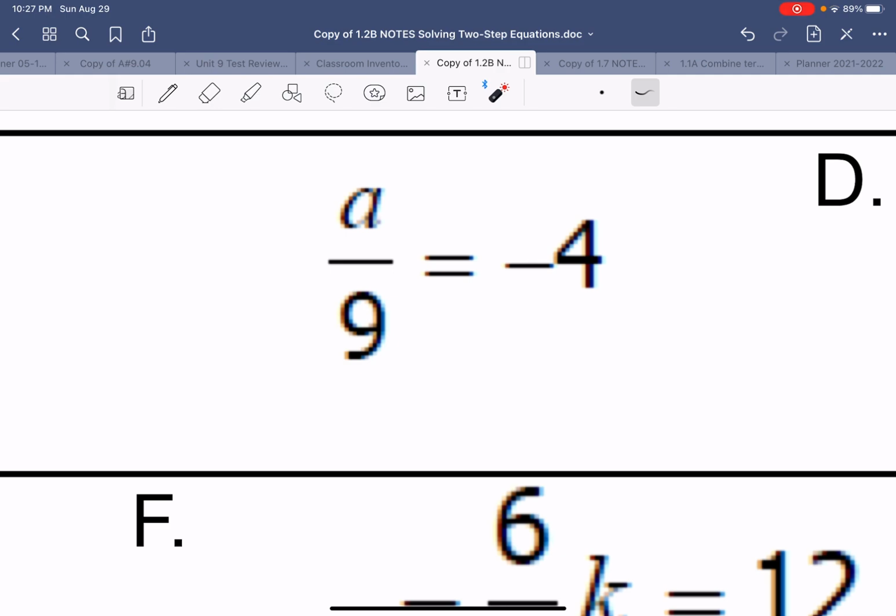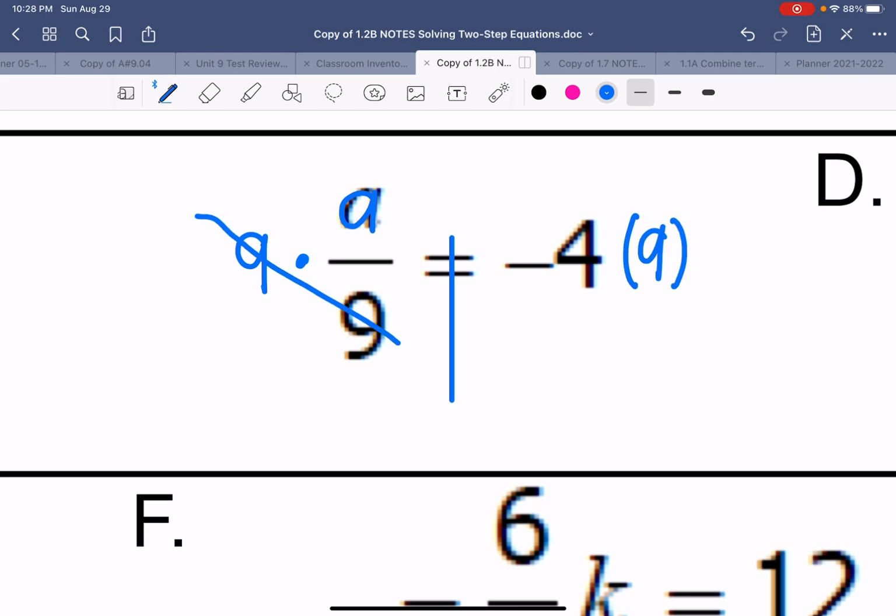So in order to undo division, we must multiply. As long as the variable is on top, we just multiply by that bottom number to get rid of it. What you do on one side, you have to do on the other. So we're left with A equals negative 36.